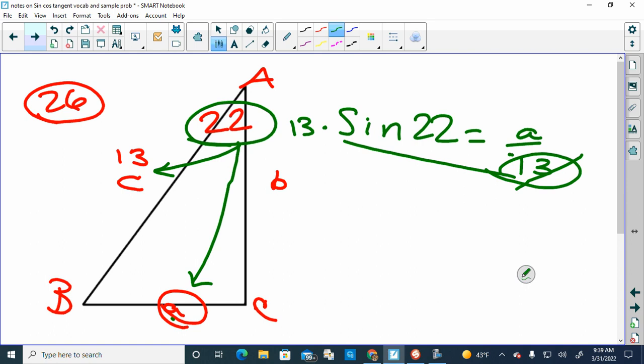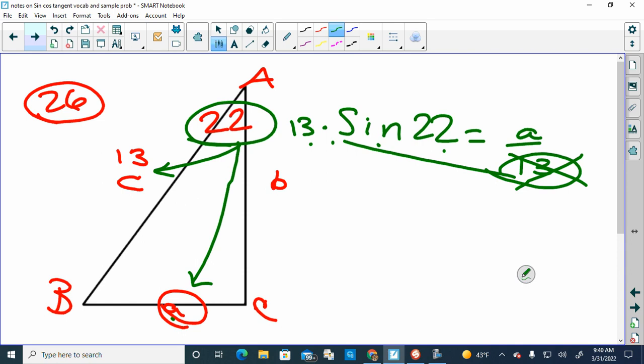Okay, so green and yellow calculators, you go backwards in doing this. So you're going to go 22 sin times 13 and then equals. 4.87. Around. Yes, 4.87.